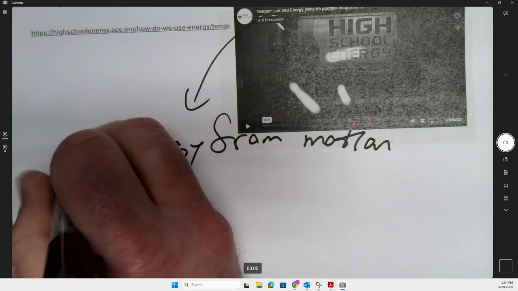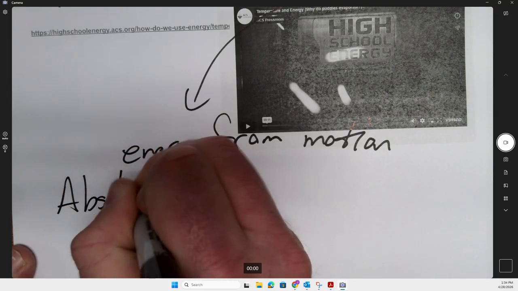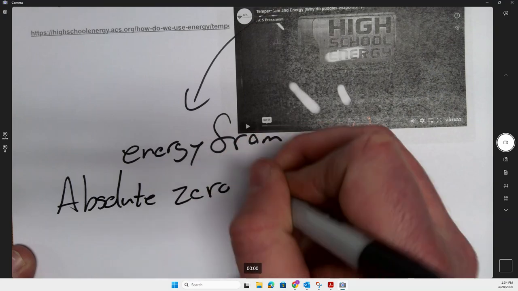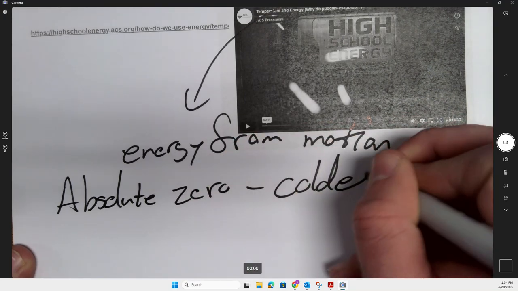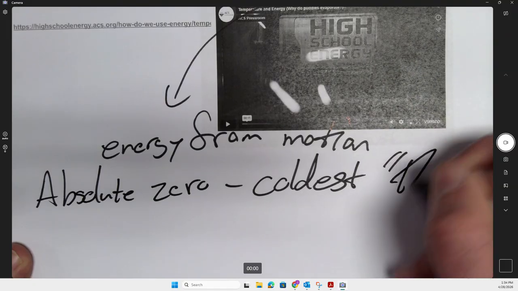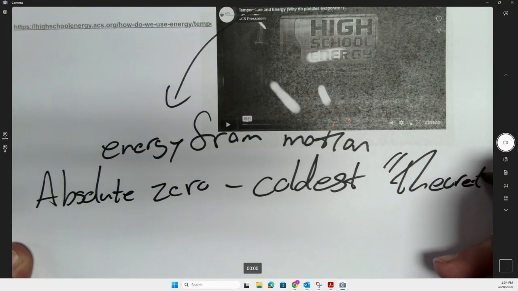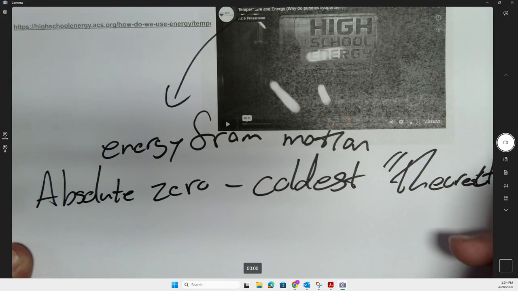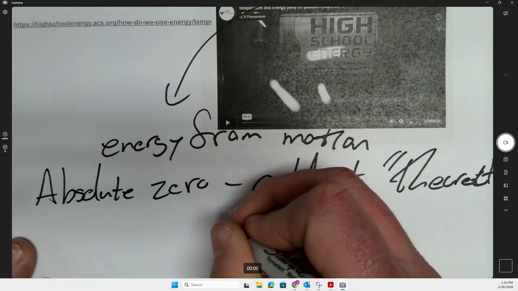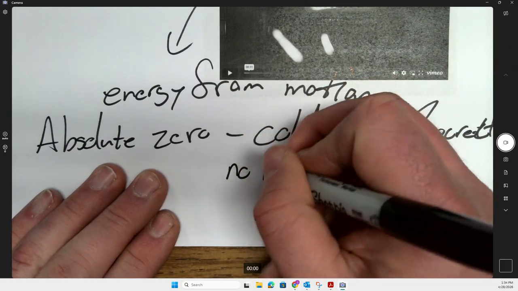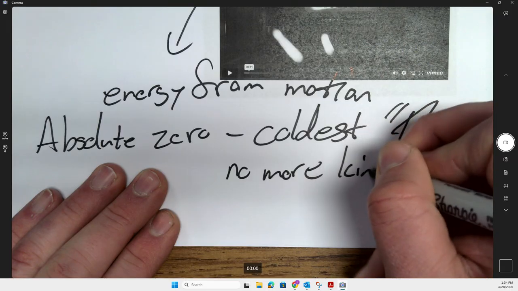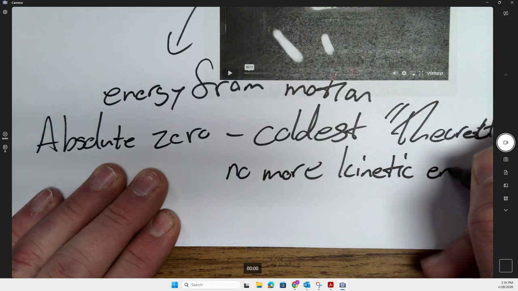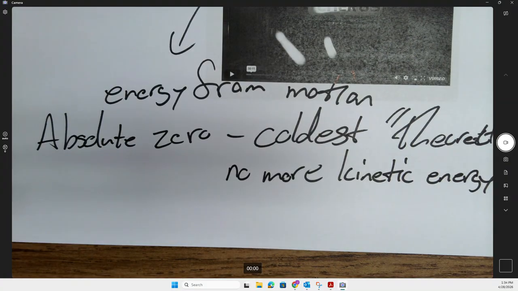Fun fact, when I get to the coldest I can possibly get, which is absolute zero, theoretically there is no more kinetic energy.